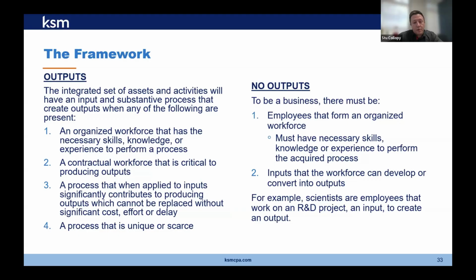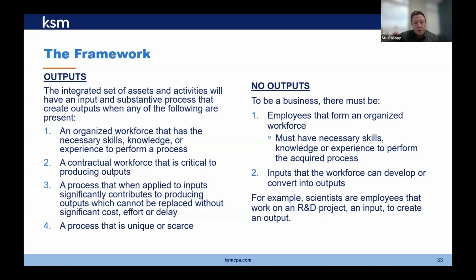Okay, so here we walk through the four sets of criteria that were previously mentioned that define when outputs create a business combination. So an integrated set of assets or activities that will have an input and substantive process that create outputs are present when any of the following are present.